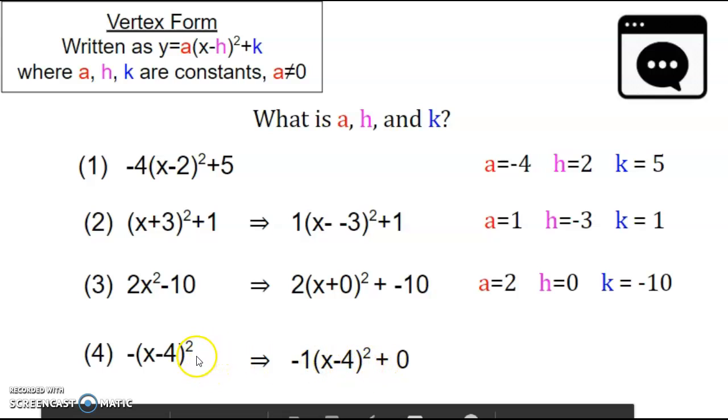And we don't have some number being added, so we can just add 0 to it as a placeholder so that we know what k is equal to. So a is the number that is being multiplied in front of the parenthesis that contains the x term, h is the number that is being subtracted from x, so that's 4, and k is the number that is being added, so k is equal to 0.